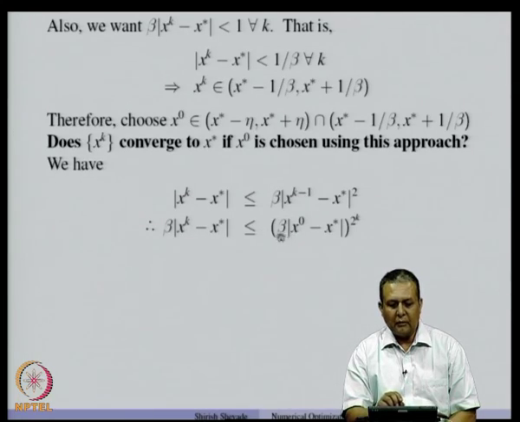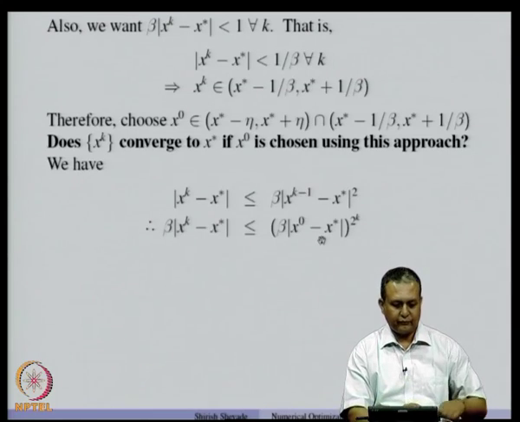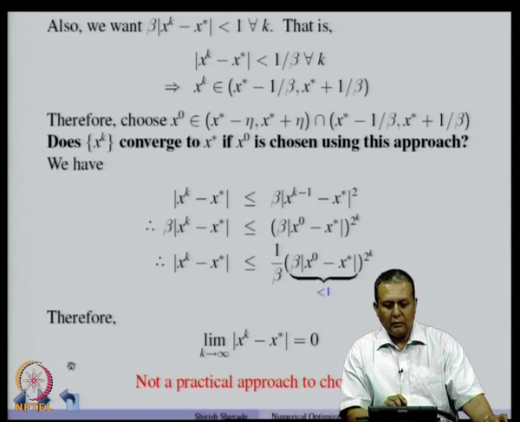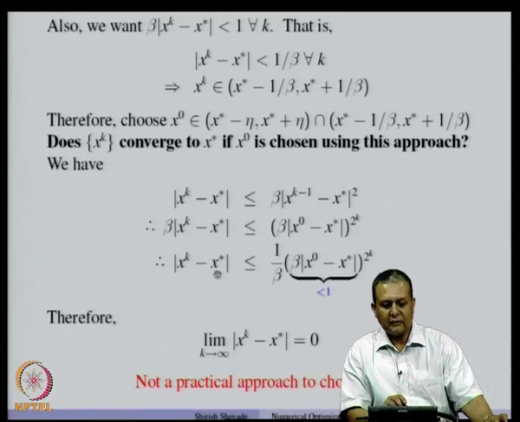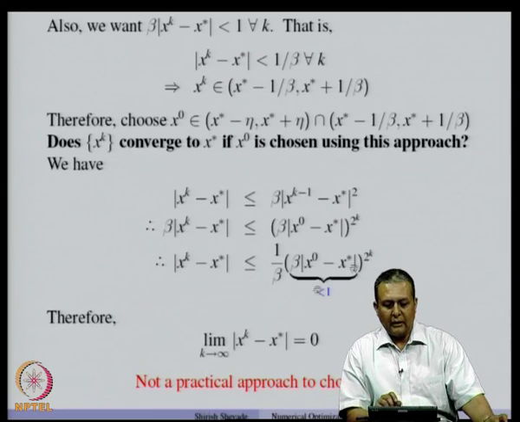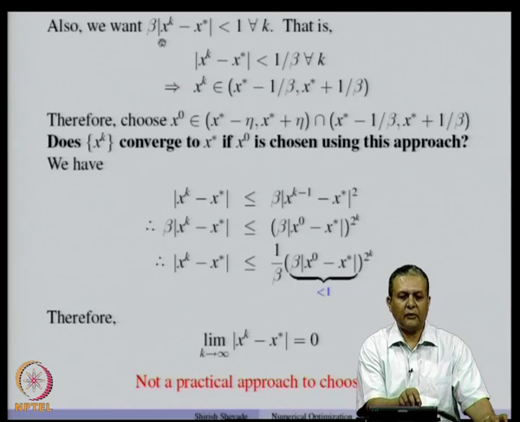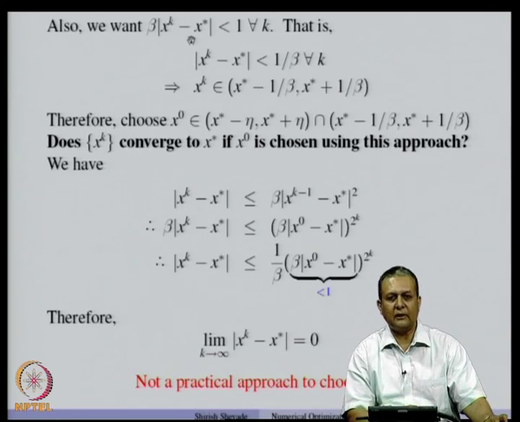So, we have multiplied throughout by beta and we get this quantity. Now, this x_k minus x star squared is less than or equal to 1 over beta into this quantity. And since we have seen that beta mod of x_k minus x star is less than 1 for all k, we also know that beta into mod of x_0 minus x star is less than 1.